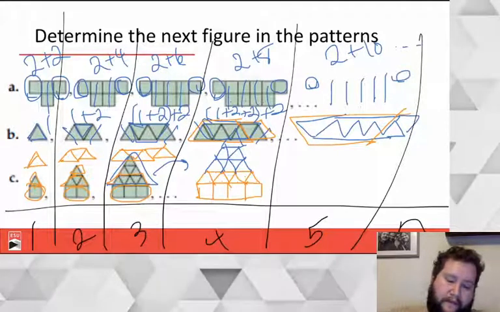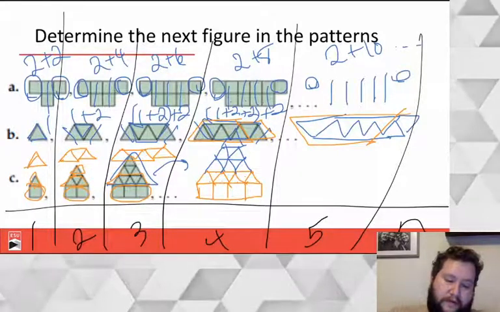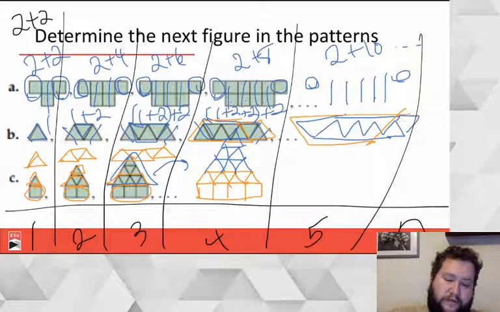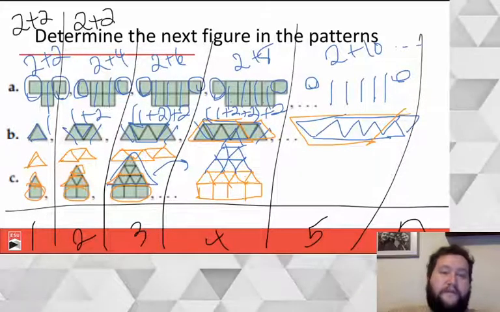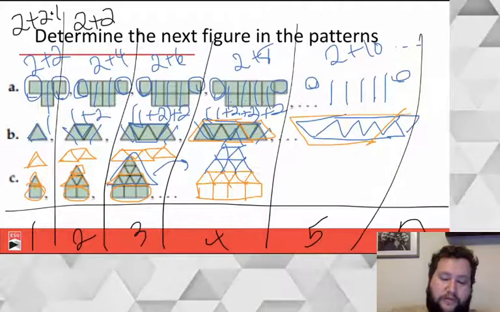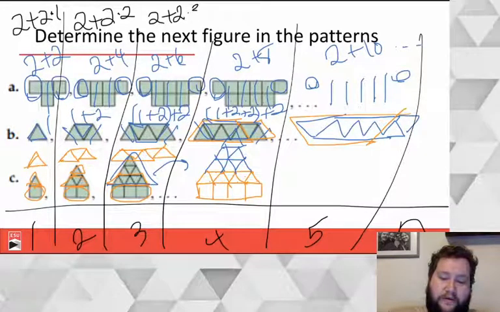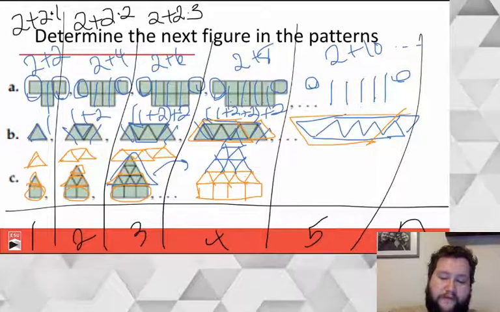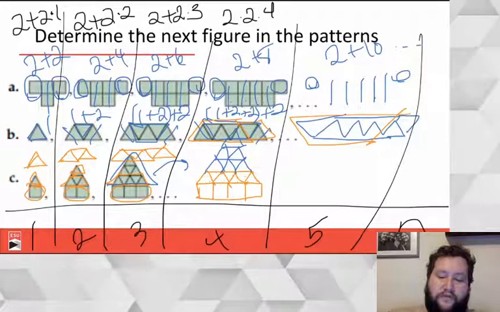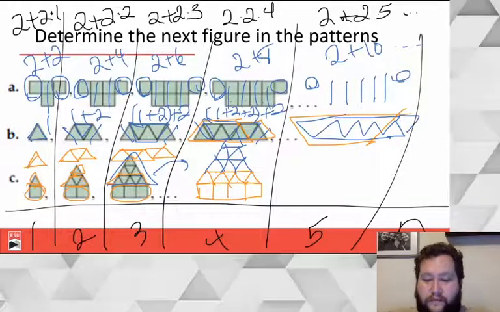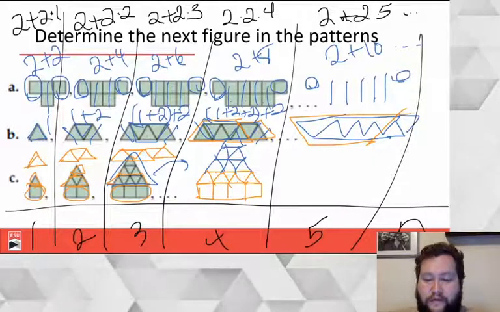Well, here we have 2 plus 2, so we'll call that 2 plus 2 times 1, 2 plus 2 times 2, 2 plus 2 times 3, 2 plus 2 times 4, 2 plus 2 times 5, all the way up to our nth one would be 2 plus 2 times n.